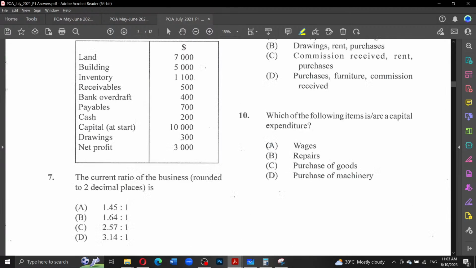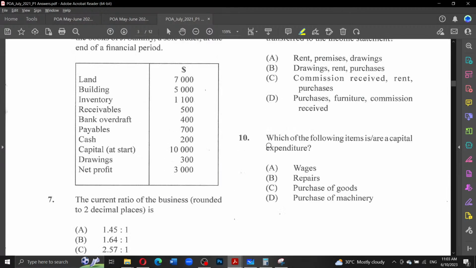Alright, this here is the line T. Calculate the current ratio for a business. So let's see the current assets and current liability. We have inventory, current asset, receivable, current asset, and current liability.